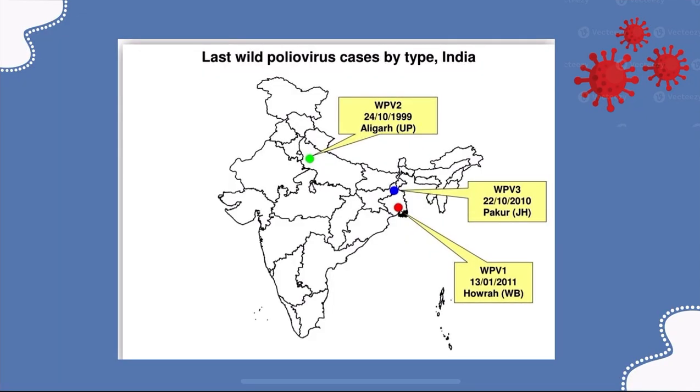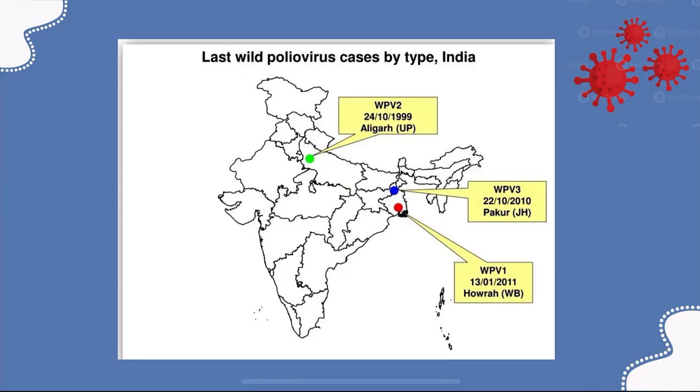Moving further, the last wild poliovirus cases by subtype. We know that there are 3 serotypes of wild poliovirus: wild poliovirus type 1, type 2 and type 3, which have been mostly eliminated because of the mass vaccination programs worldwide.